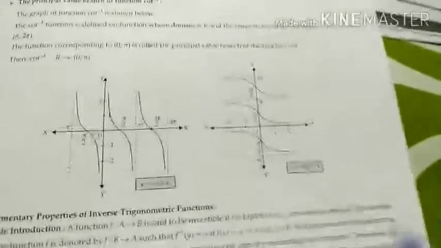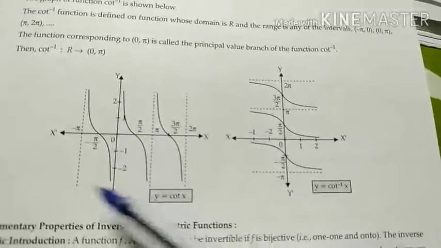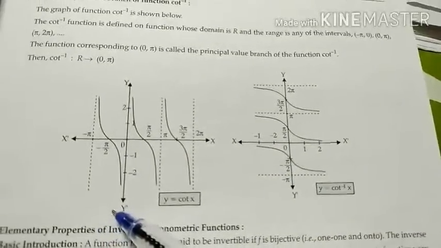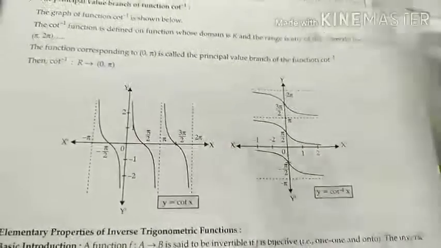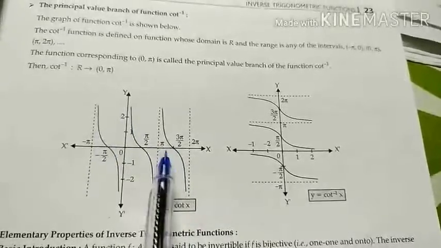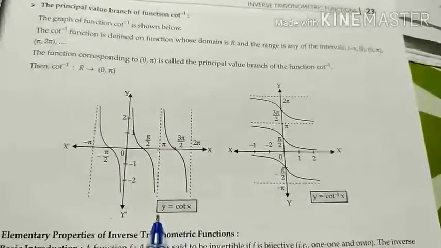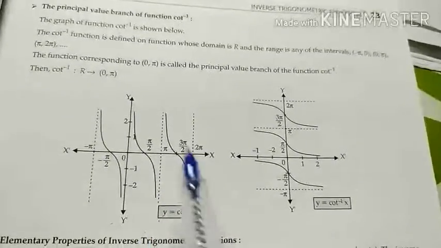Here also, the cot inverse case is the same. In cot inverse, all real numbers are considered, here 0 to pi. Like here 0 to pi, it goes from infinity. When it reaches pi, it reaches infinity, and 0 to infinity, infinity to minus infinity.